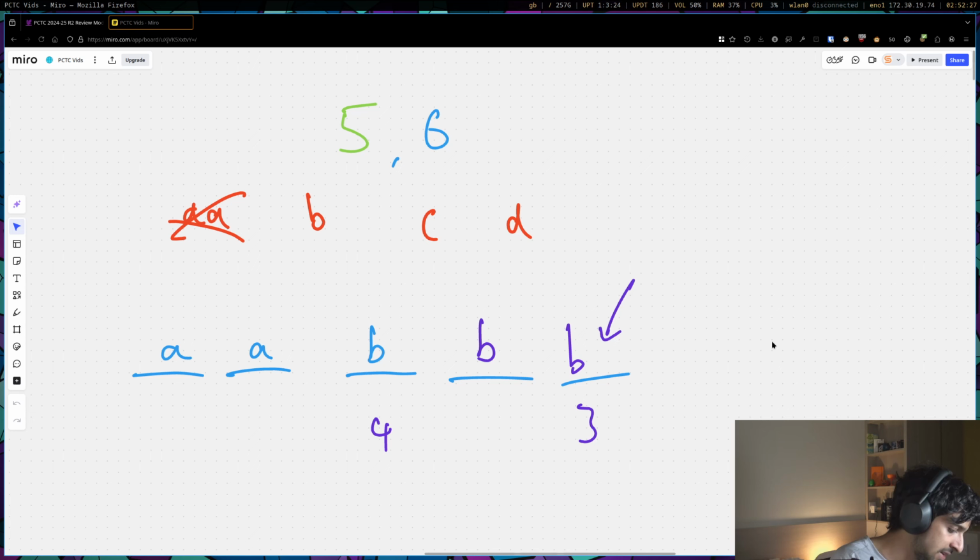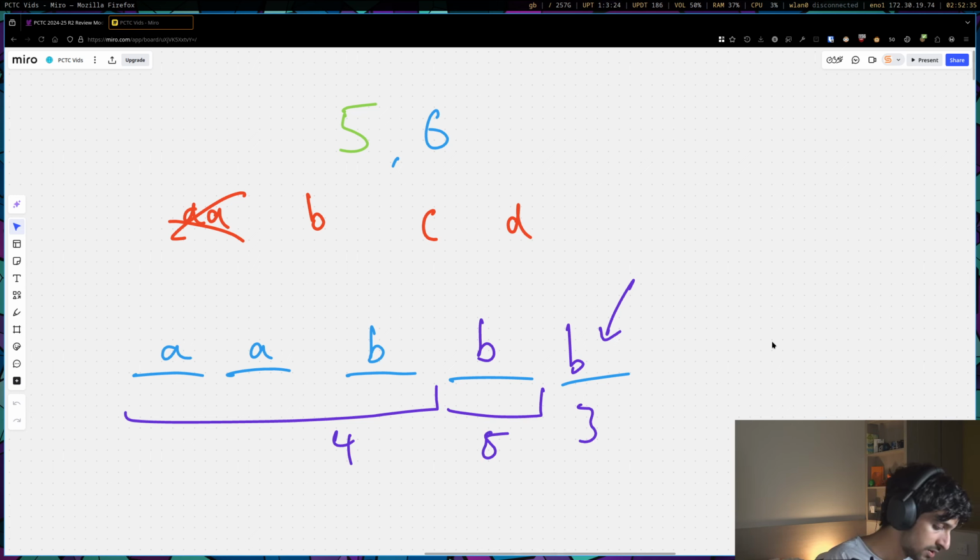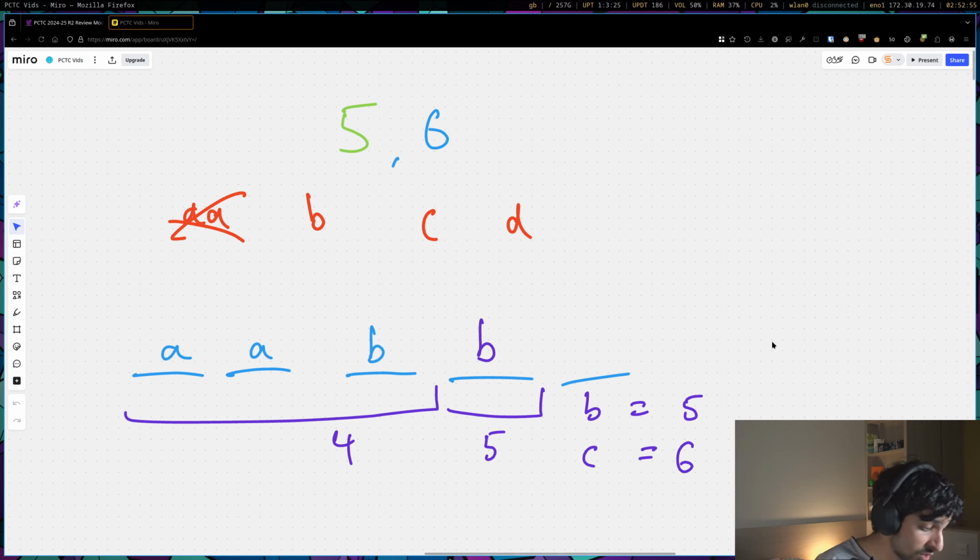So for this so far, we have hit 4 options. For this, by choosing a B, we have hit a 5th option, like the 5th number down the list. If you have another B here, that would be the 5th. If you have a C, that would be the 6th, which is what we want. And if we have a D, that would be the 7th. We can follow down this process, but we've already hit the answer, which is C.